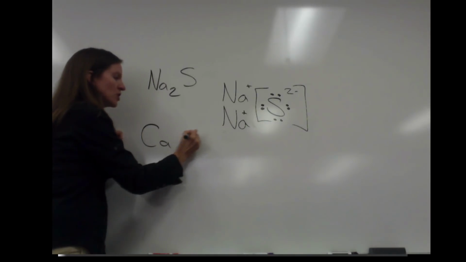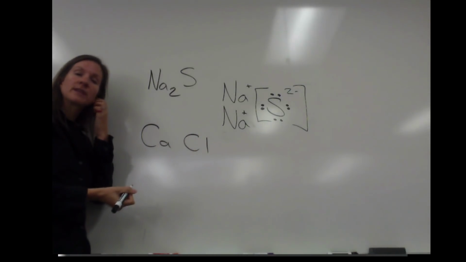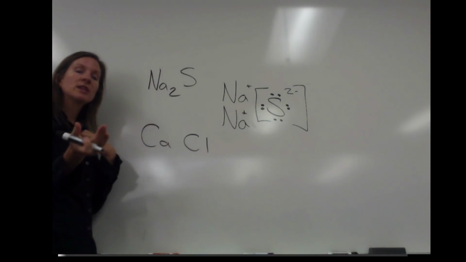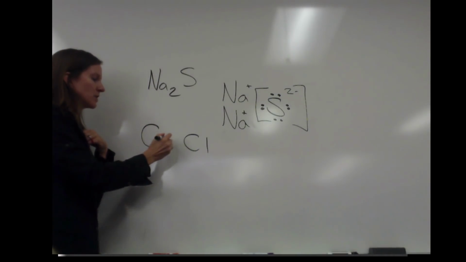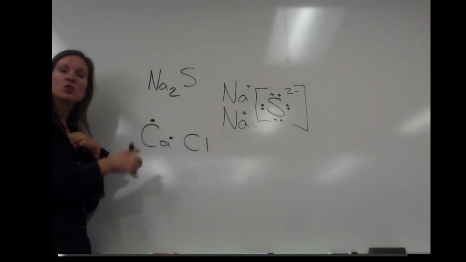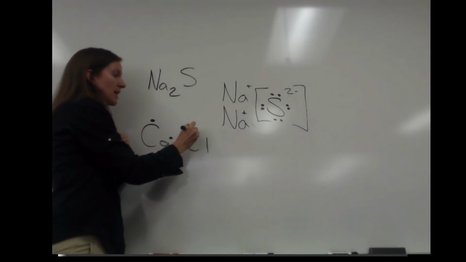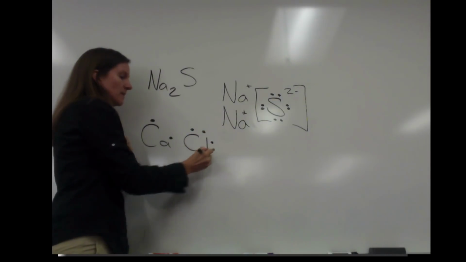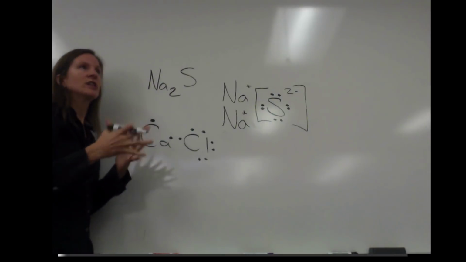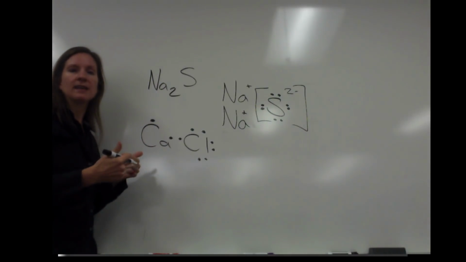From the name, you should be able to figure out what the ratio will be. So if I'm trying to do one between calcium and chlorine, and I don't tell you the formula, what I would do is go to my periodic table and figure out how many dots everything has. So calcium has 2 based on its column on the table, and chlorine has 7. And then I would figure out how to transfer electrons so that I get my octets.